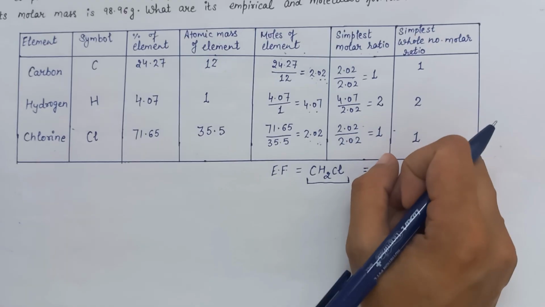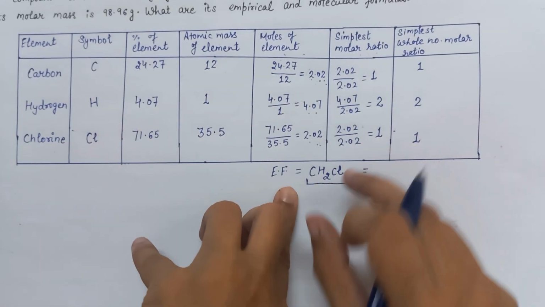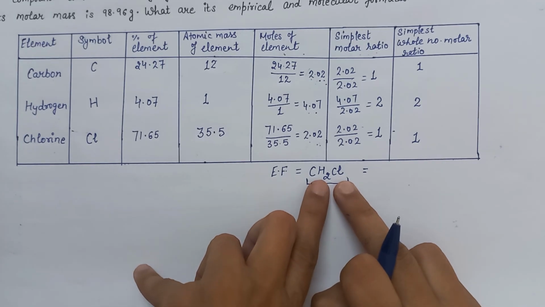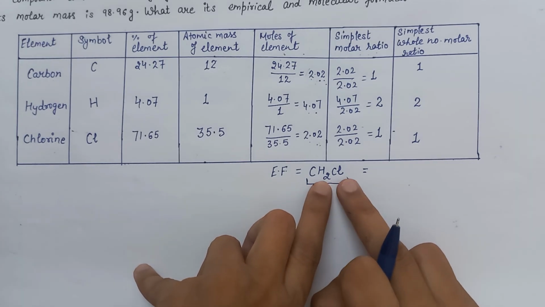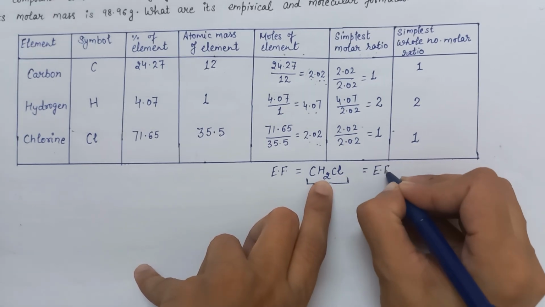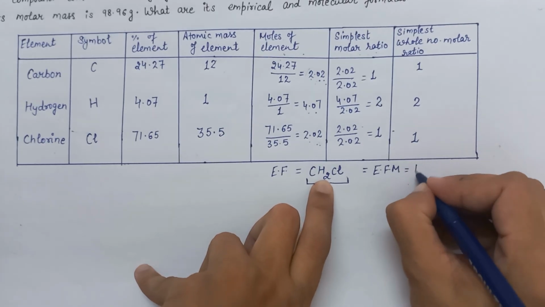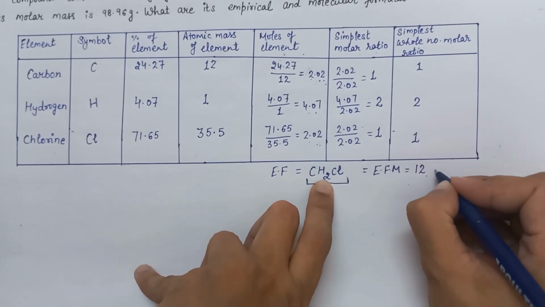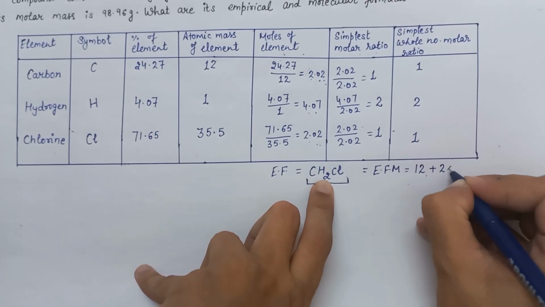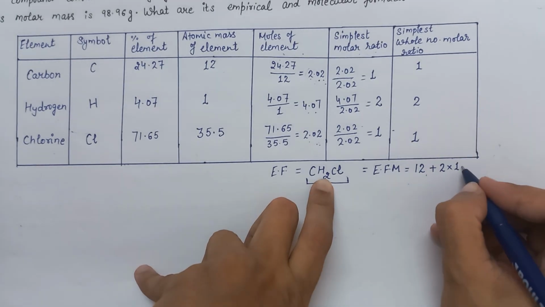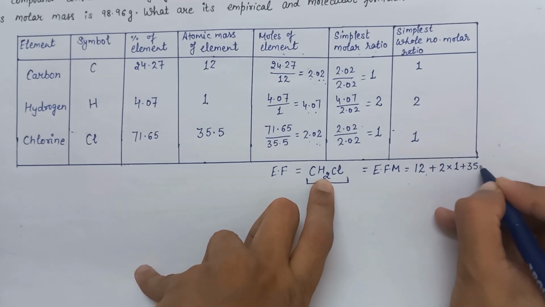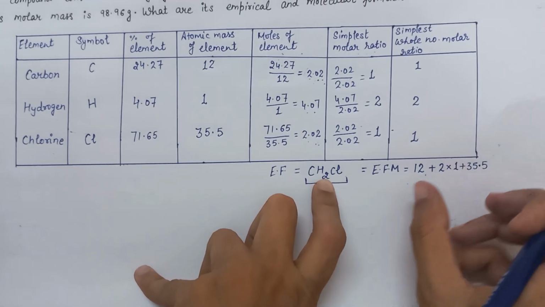Okay. So now we have calculated the empirical formula of this molecule. On the basis of this empirical formula, we can calculate the empirical formula mass of this molecule. So we have 1 carbon, and carbon has the atomic mass 12. Then we have 2 hydrogen, and each hydrogen has the atomic mass 1, and we have 1 chlorine, having the atomic mass 35.5.